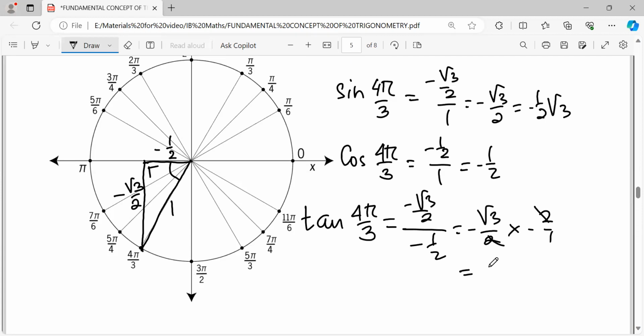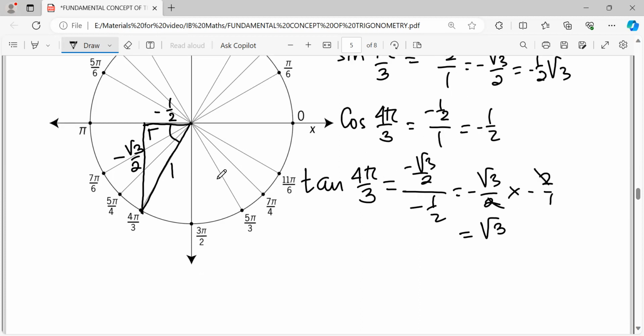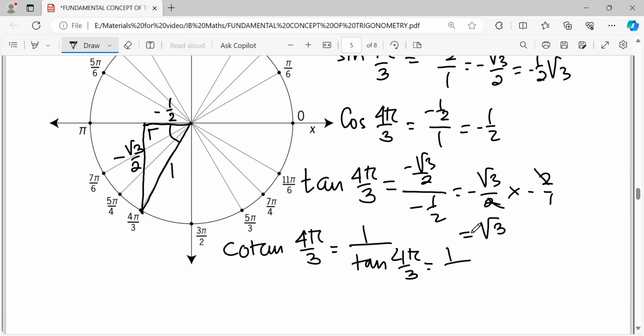It's going to be positive square root 3. For cotangent, 4 pi over 3 is 1 over tangent 4 pi over 3, 1 over square root 3.